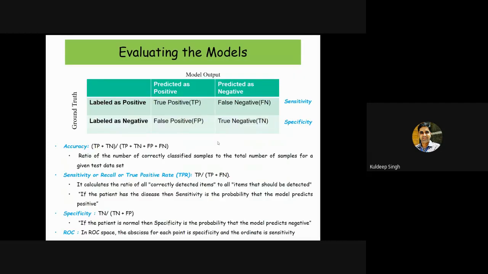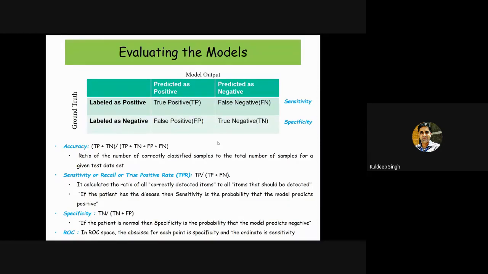And what are these? Firstly, the confusion matrix. You can see a table here. On the left hand side, we have ground truth, and here we have model output. If in the ground truth an image is labeled as positive, positive meaning the diseased case, and the model has also predicted it as positive, we call that a true positive.